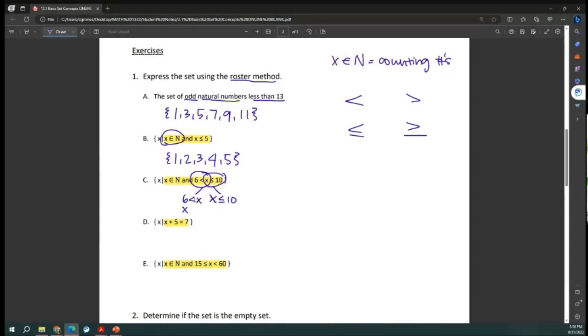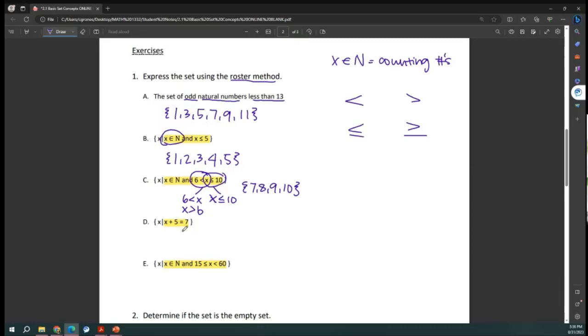So our alligator mouth is open to the X, so we are going to keep it open to the X. So we have that X is greater than 6 and that X is less than or equal to 10. So if it's greater than 6, are we going to include 6? No. So we are starting with the number 7. Are we including 10? Yes. So we've got 7, 8, 9, and 10. Is everybody okay with that?